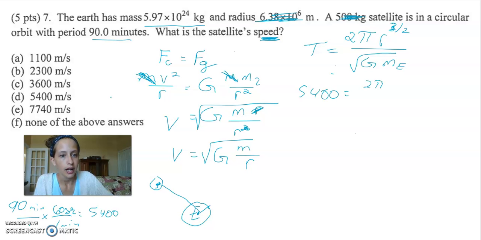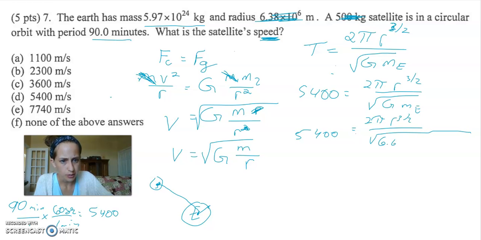So 5,400 equals 2 pi r to the 3 halves over root G ME. We have numbers for those. G is still 6.67 times 10 to the negative 11, and ME is still 5.97 times 10 to the 24.